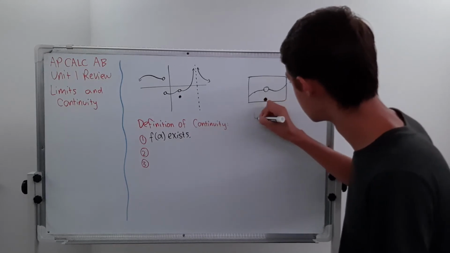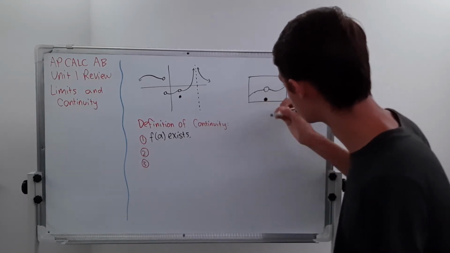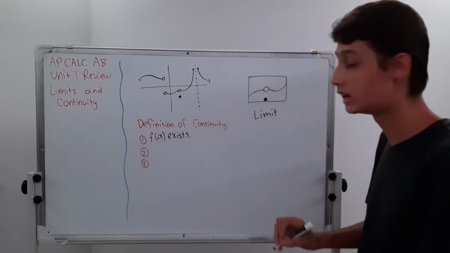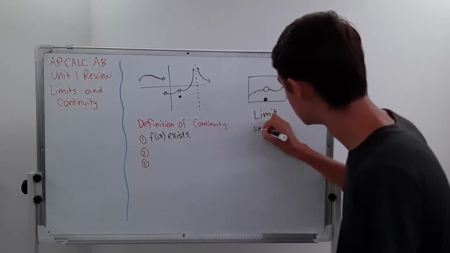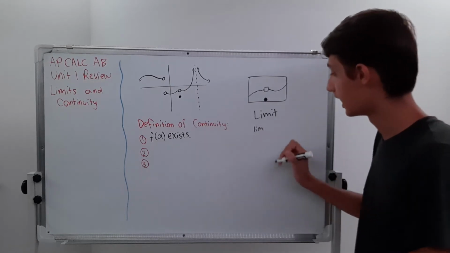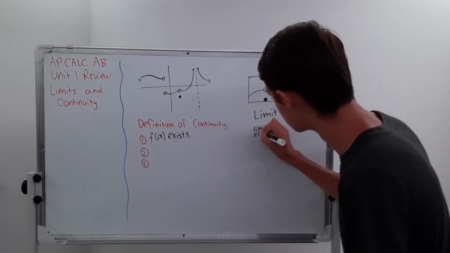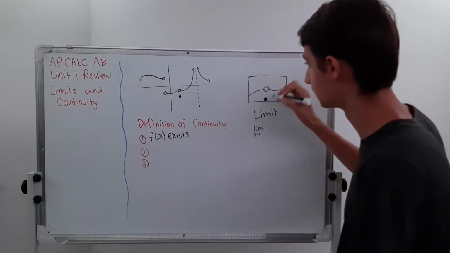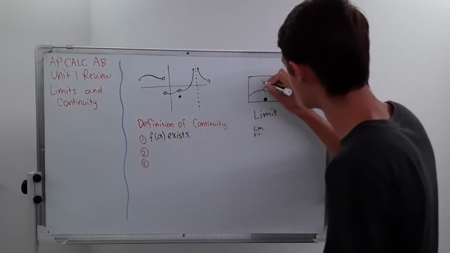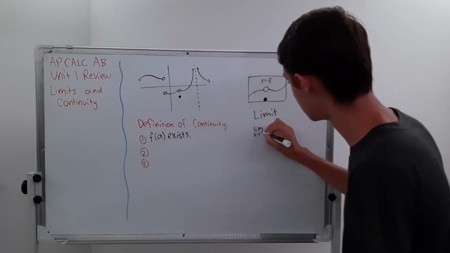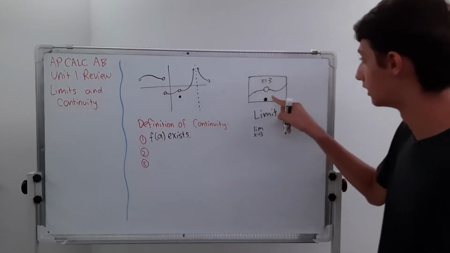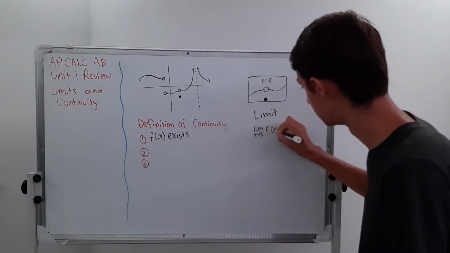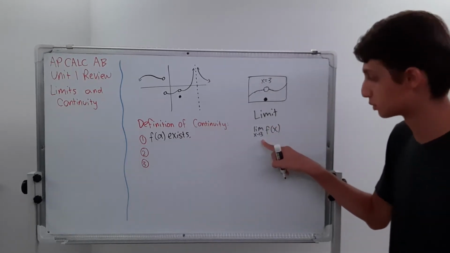So we're going to call this, let me write a little clearer, a limit. And our notation is going to be lim, just short for limit, as x approaches, let's say x equals 3. So the limit as x approaches 3 of our function, f of x.